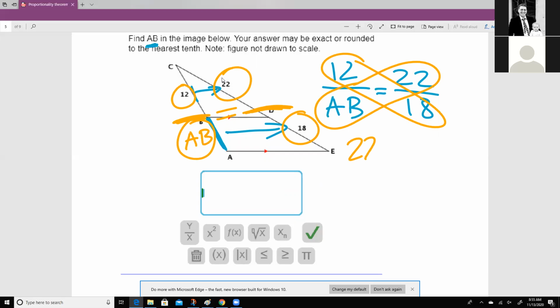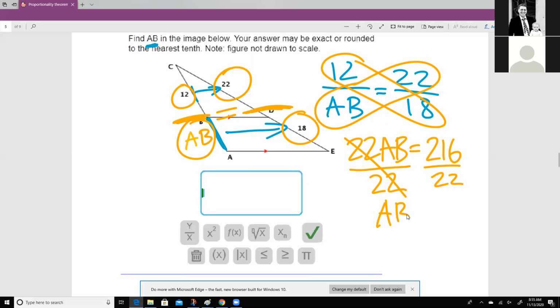22 times AB is 22AB, and then we have 12 times 18, which is 216. Let's divide by 22.